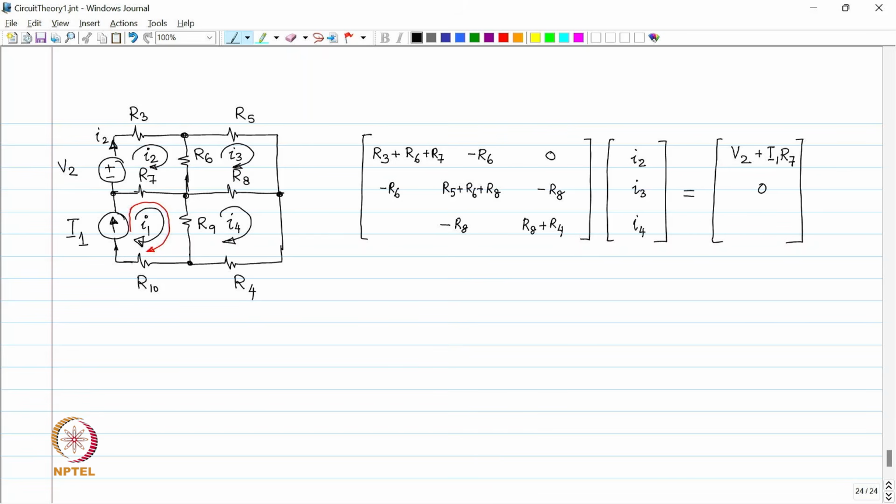Then the drop across R9 is I4 minus capital I1 times R9, which is basically I4 R9 minus capital I1 R9.